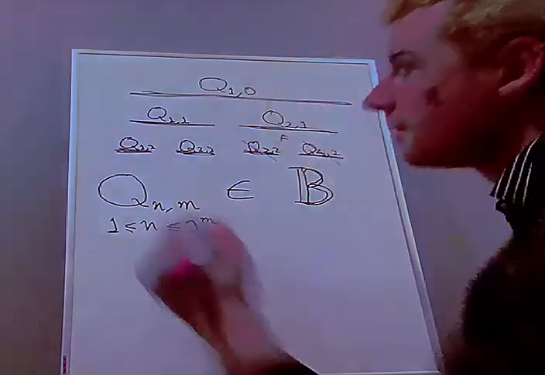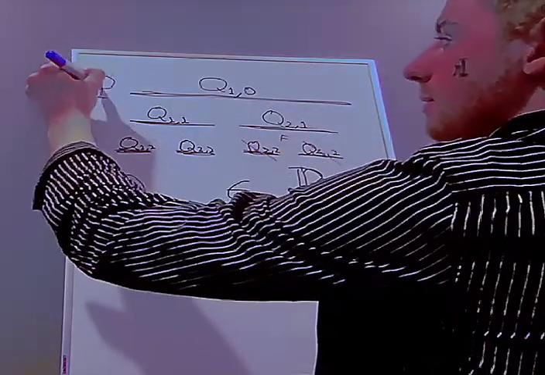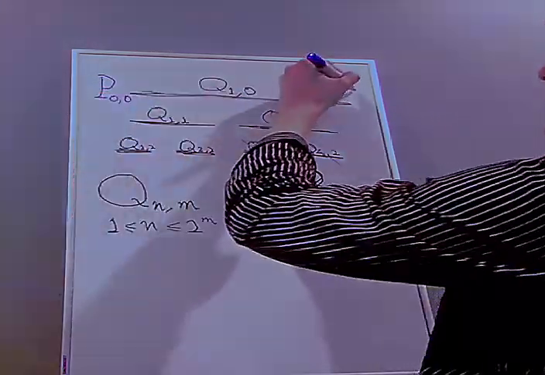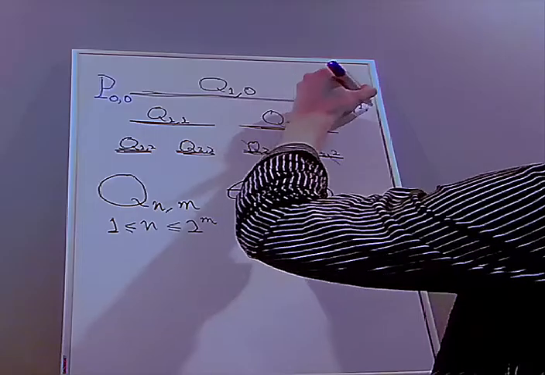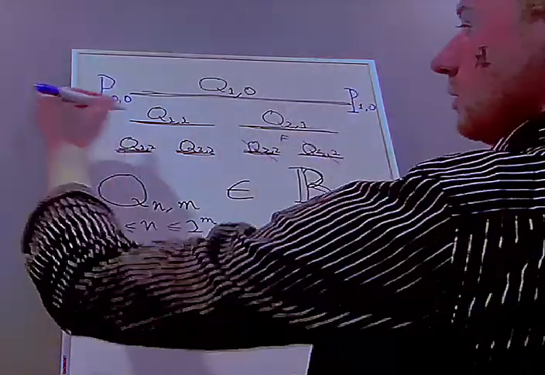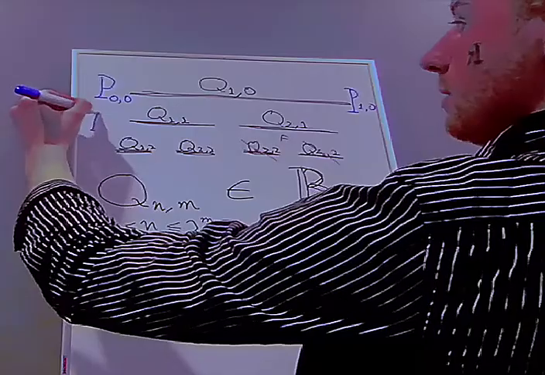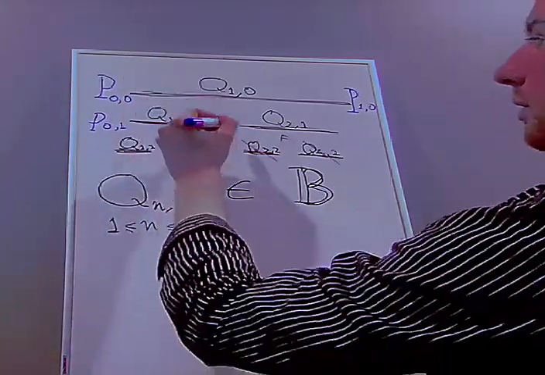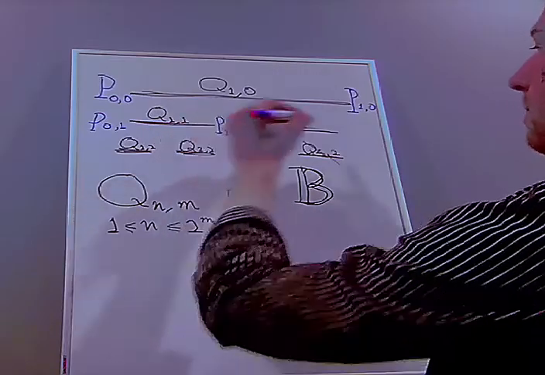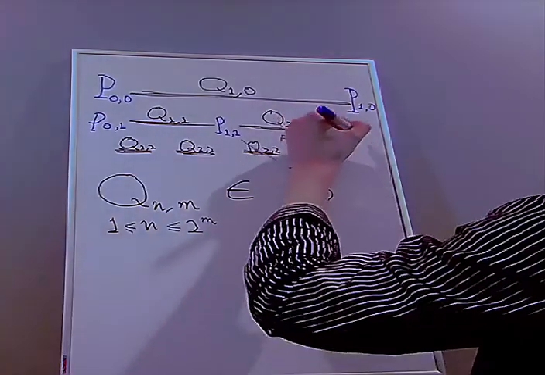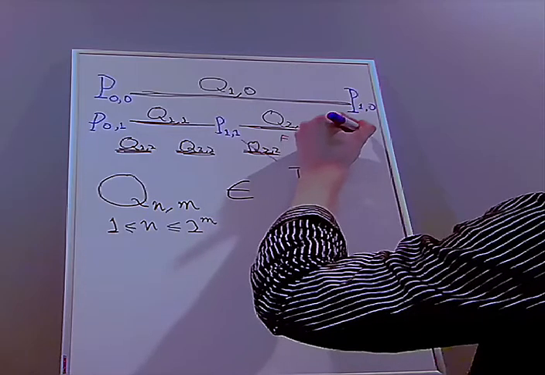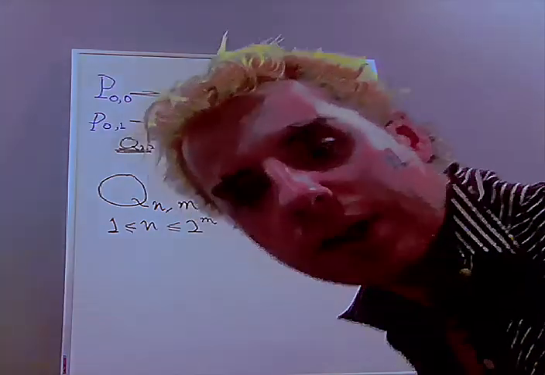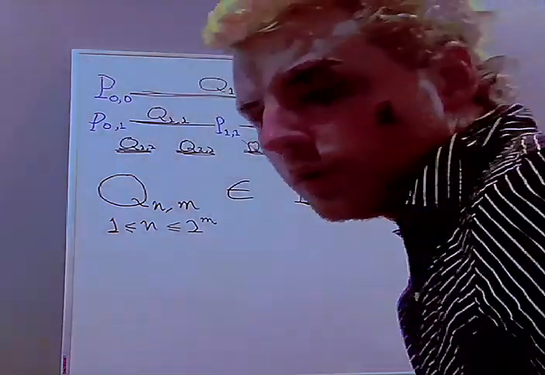I'm going to name these P0,0 and P1,0. P0,1. P1,1. P2,1. Again, the first number increasing up to 2 to the power of the second number.